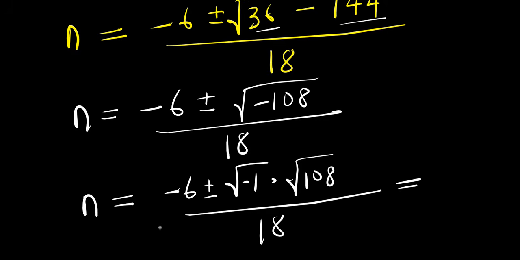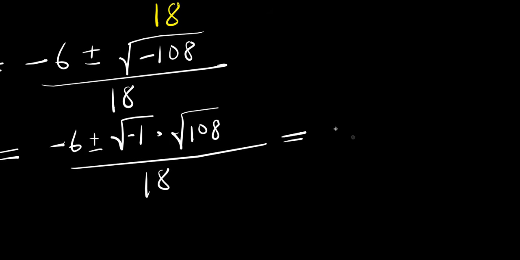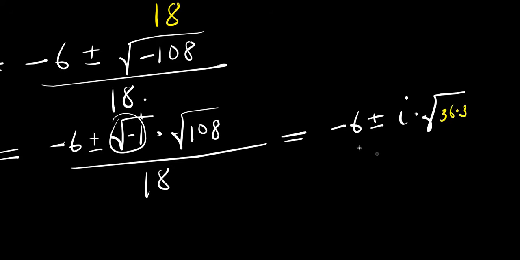And this equals negative 6 plus or minus square root of negative 1, which is i, times square root of 108. We express 108 as the product of 36 times 3, divided by 18.